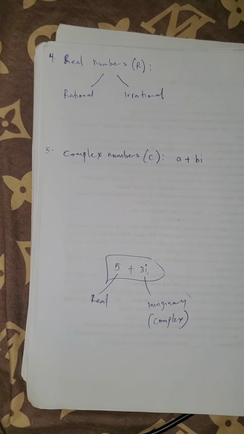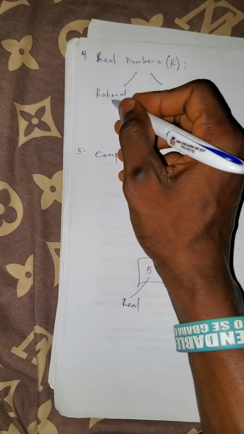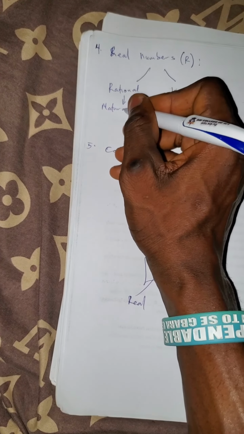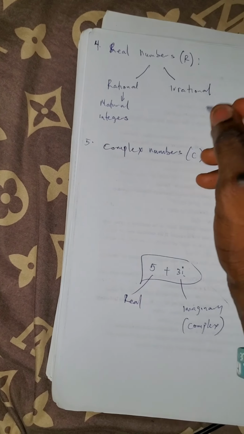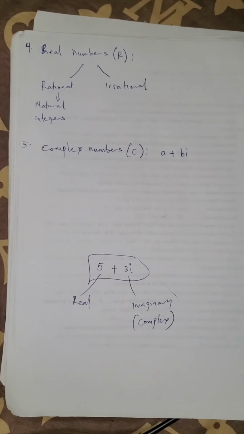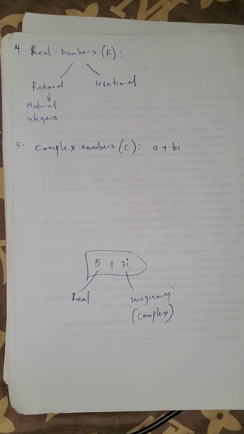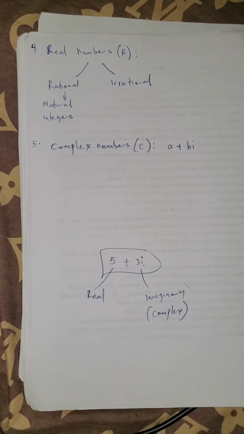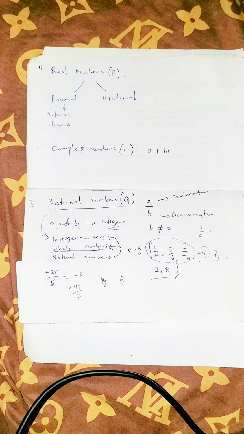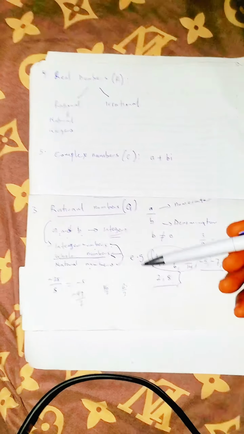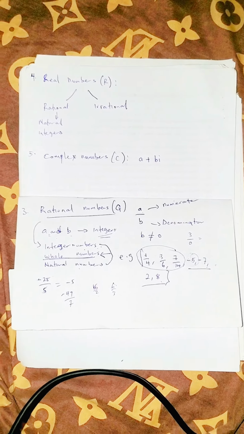But for real numbers, don't forget that examples of rational numbers can be natural numbers, can be integer numbers. I've explained under this aspect what they mean by rational numbers.